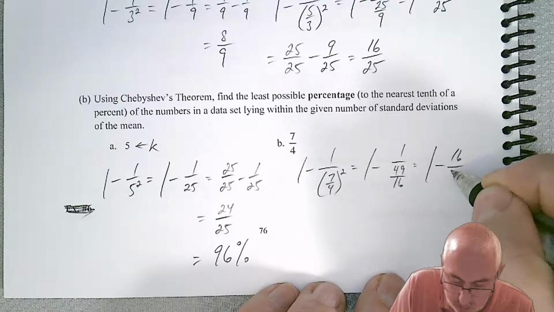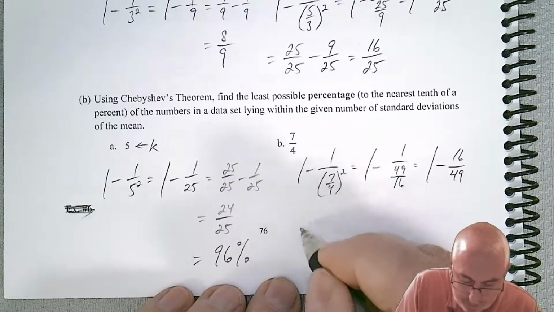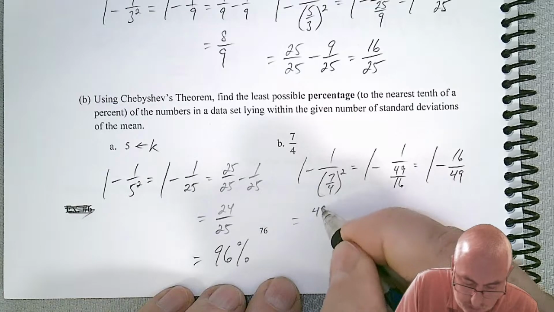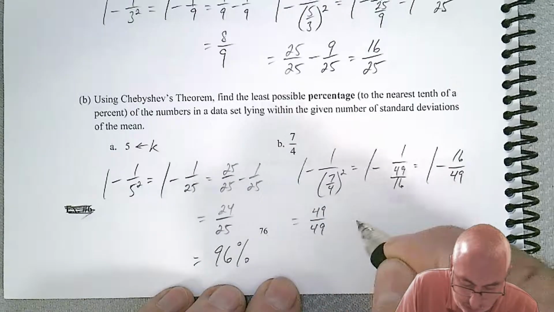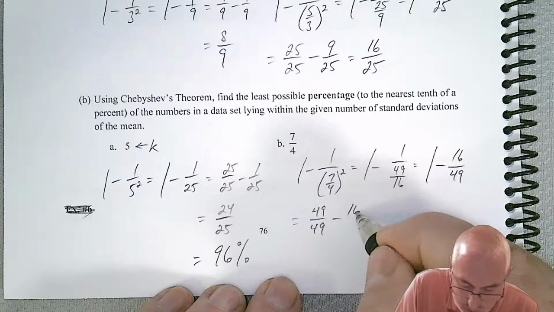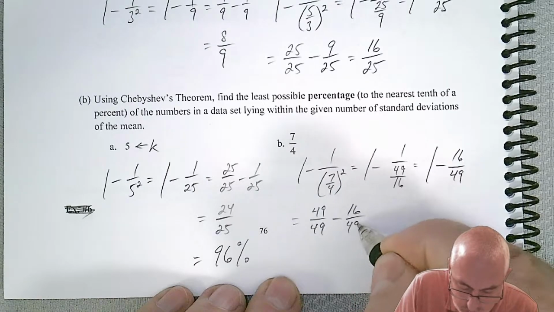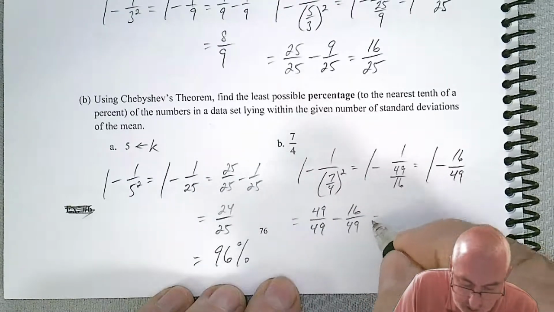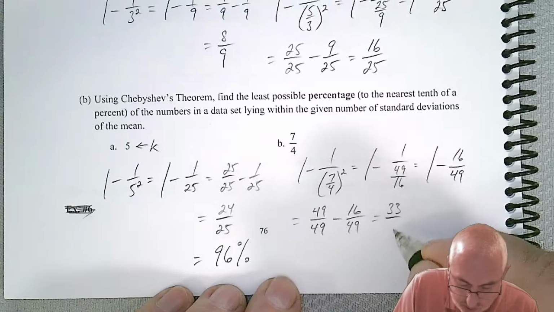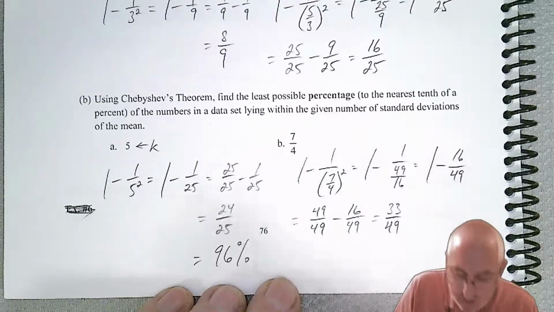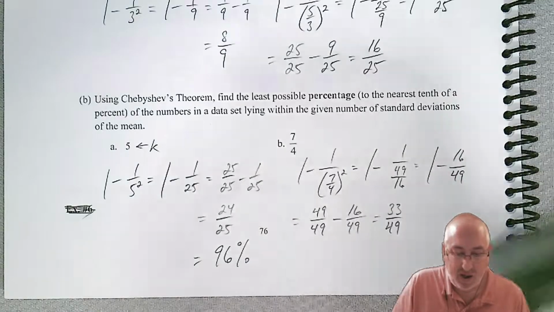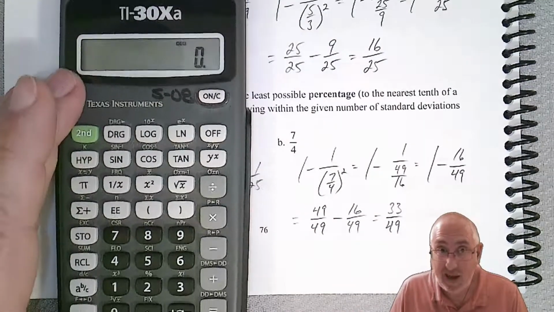So 16 over 49. So 49 is our denominator, so we'll use that to replace our 1. And 49 minus 16, I believe it's 33. So 33 out of 49, and we want to write that as a percentage.